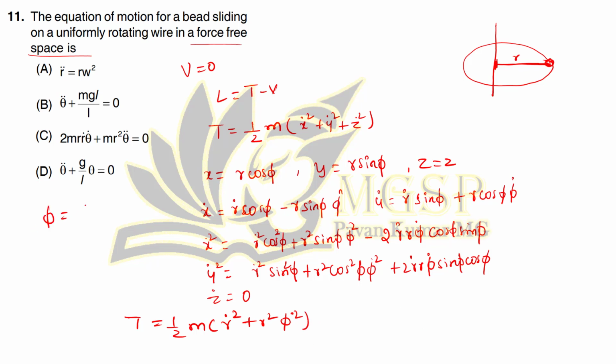The phi is angular velocity times t, that is omega t. When you differentiate with respect to t, we get phi dot is equal to omega. Now substitute: T is 1 by 2 m into r dot square plus r square omega square.